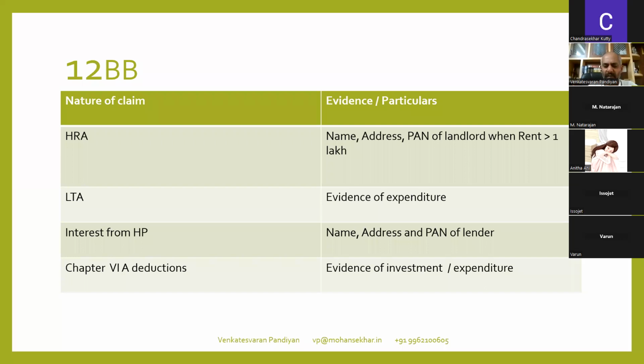For instance, if he has paid the LIC premium or insurance premium, collect the insurance premium. If he has made payments towards the tuition fees, which is eligible for claim, get that. So all those things he has to collect and determine what is the tax liability of the employee.